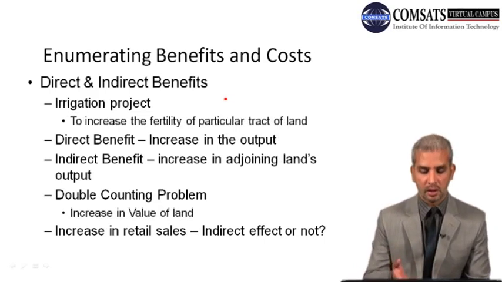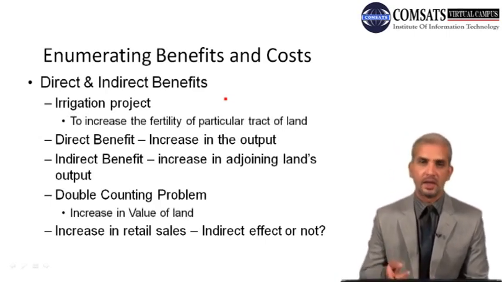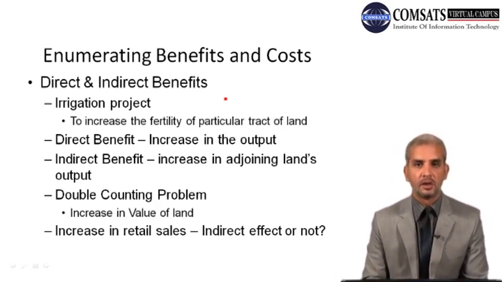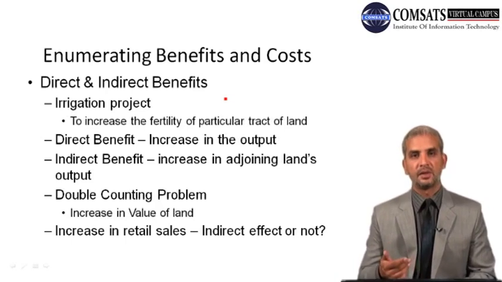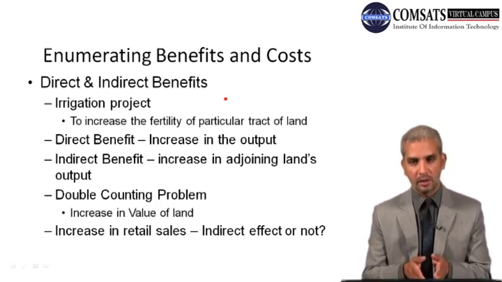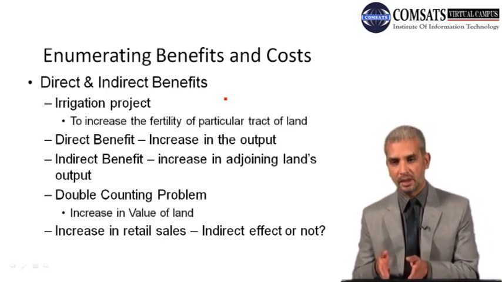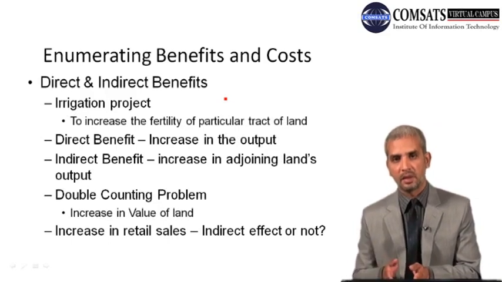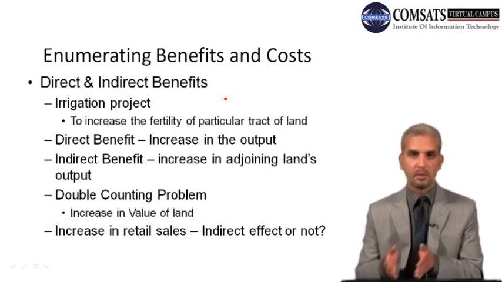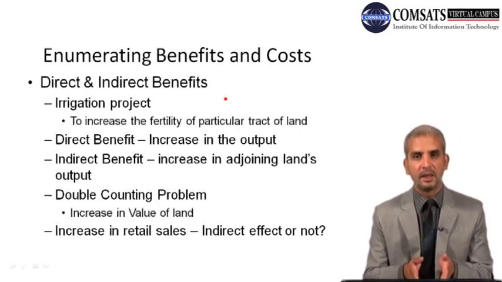One solution would be to look at the increase in output because of that increase in water flow. The direct benefit of that irrigation project is increased water flow to the farmer. What we are doing is taking increased output, which is very easily convertible to dollar values when it is sold in the market, and that increased output is a proxy of the original benefit to the farmer, which was increased water flow.